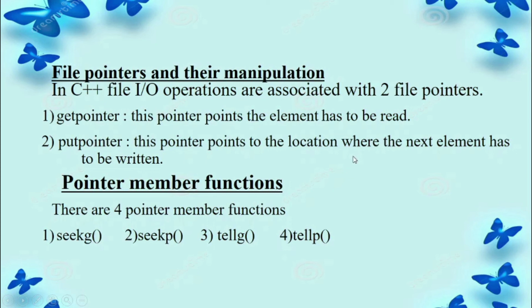We can reach those locations using seekg and seekp. Seeking the get pointer location, seeking the put pointer location using the seekg and seekp functions. Tellg will tell the position of the get pointer and tellp will tell the position of the put pointer. So these are the four file pointer member functions.